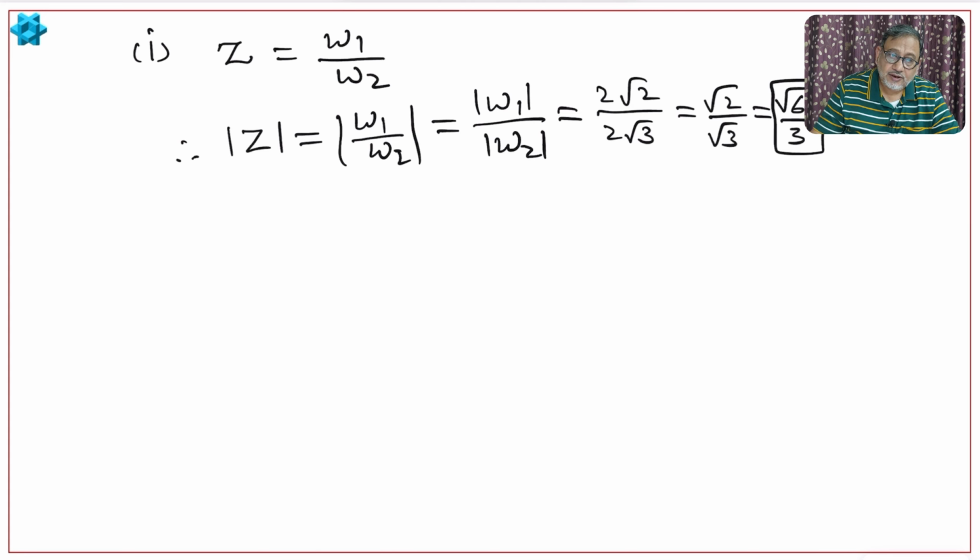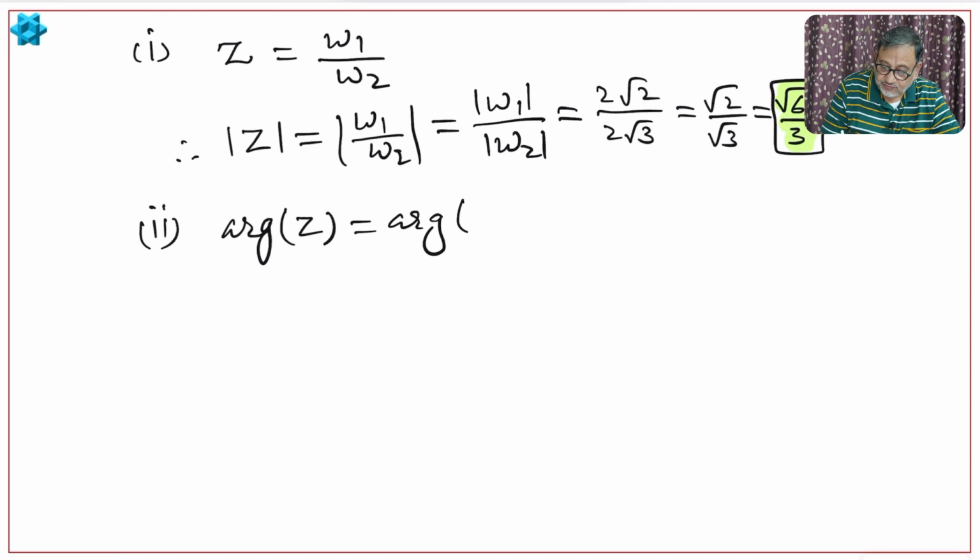And argument of the second part is for the argument, so let me highlight this. They wanted the modulus, and second part, argument of z will be argument of w1 divided by w2, okay.